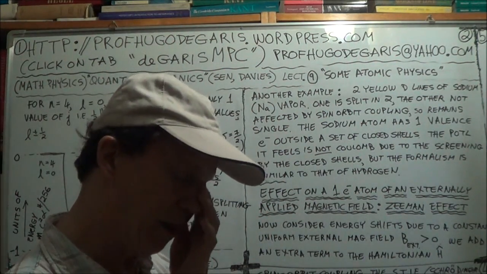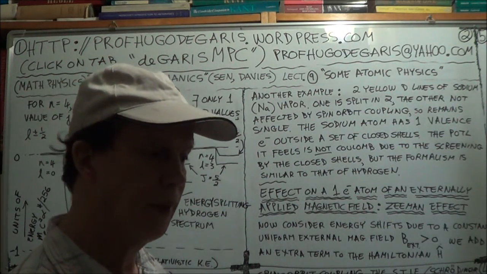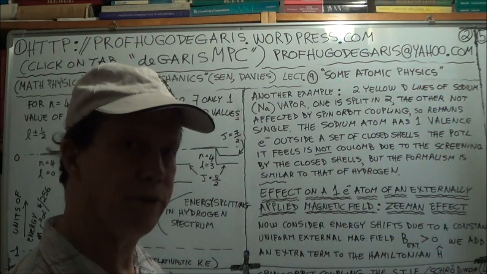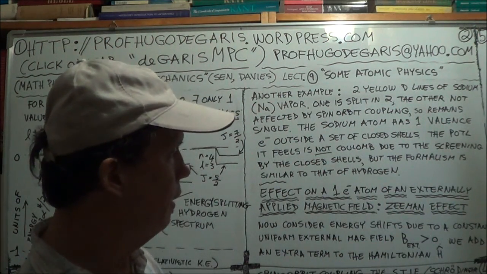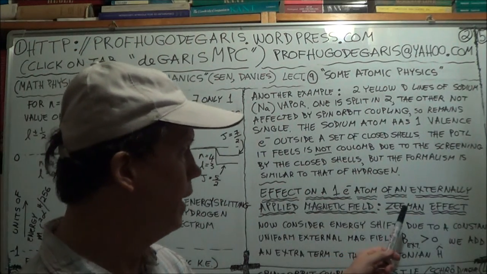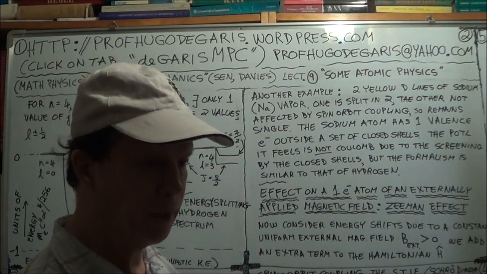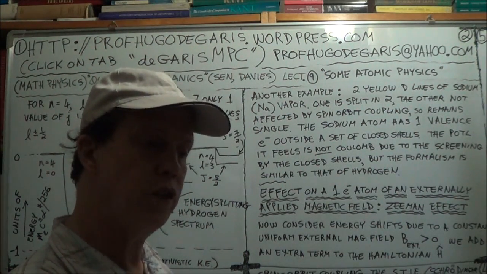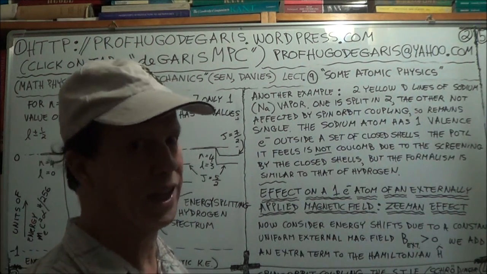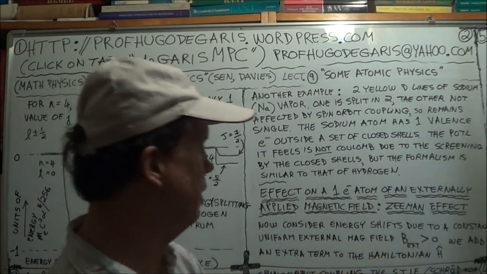The allowed energies in your spectrum get modified, they get perturbed due to the Zeeman effect. So just think of this as splitting of the spectral lines due to the presence of a magnetic field. That's the essence of what the Zeeman effect is.